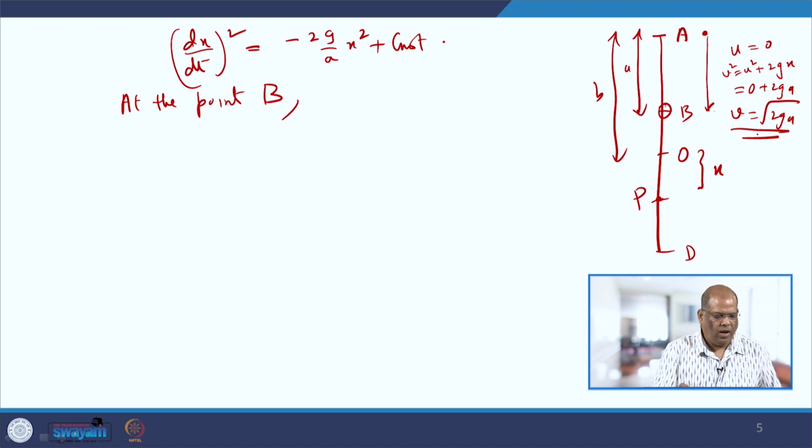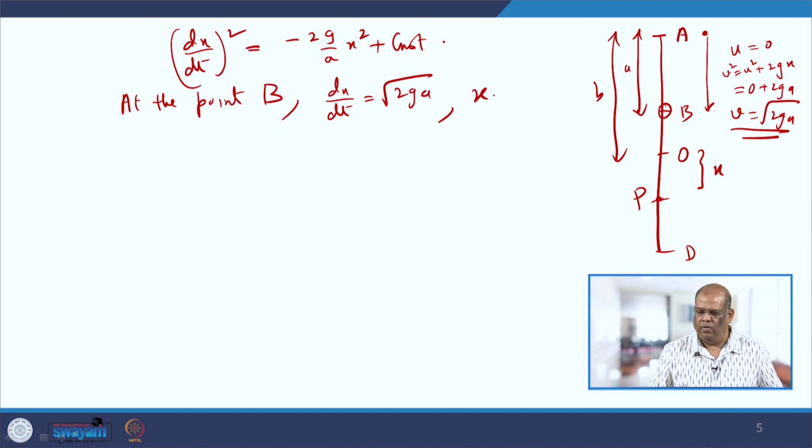So, at the point B I write dx/dt is root of 2ga, and then what is the value of this x? Now, if you want to calculate this value of x, then we have T0 equal to mg. We have shown that this T0 is lambda times (b minus a) divided by a, and this is equal to mg.